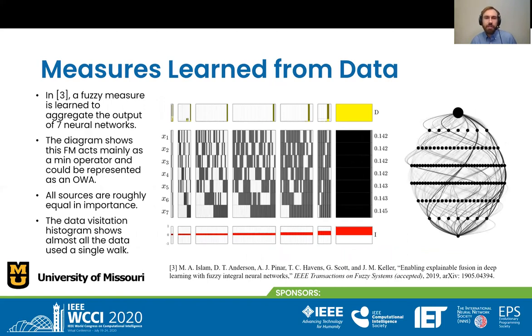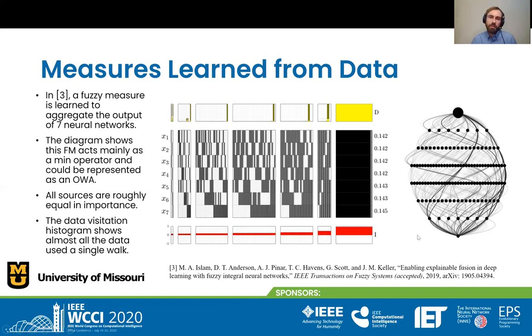The last example I'm going to show here is a measure that was learned from data. There were 7 neural networks that were being used to aggregate data. On the right here, you can see the fuzzy measure that was learned, the data flow through this fuzzy measure lattice. It appears that most of those individual subsets are being used.